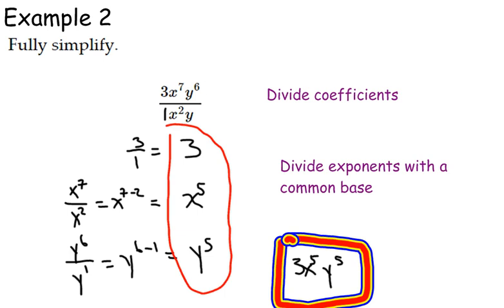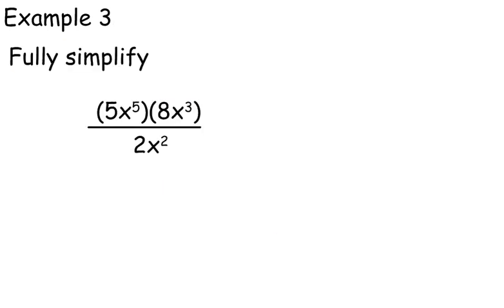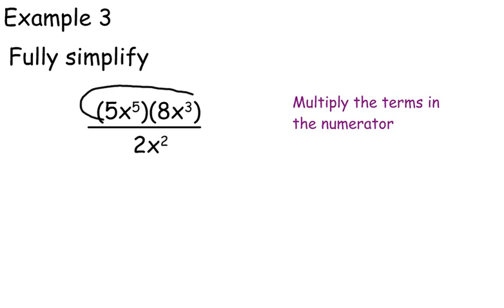Okay, let's try one more. Fully simplify. So this one involves multiplication and division. So we're going to start first by multiplying the terms in the numerator. So in the last video, I covered multiplication of exponents.